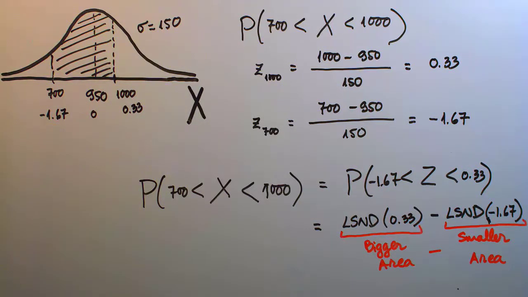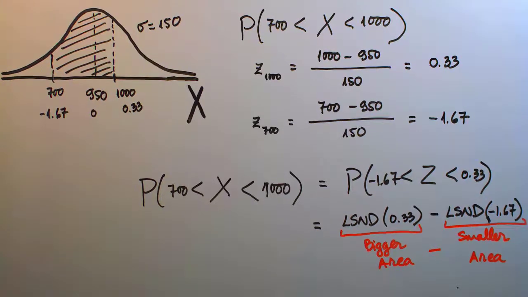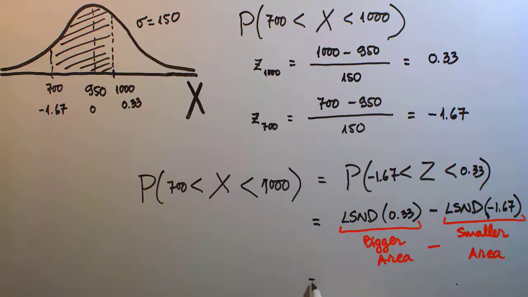Let's have a look over at my LS&D program. The upper z-score 0.33 gives me the area to the left, or the bigger area, being 0.6293.